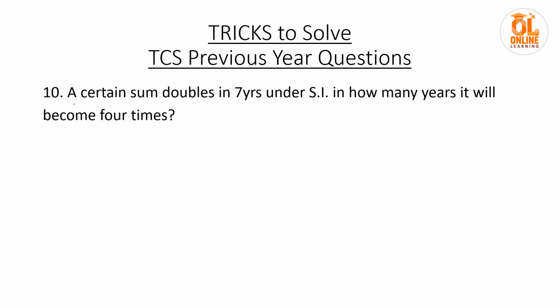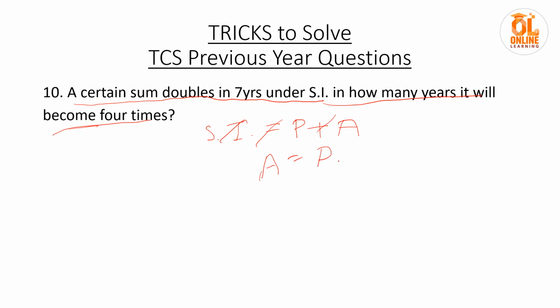It is given a certain sum doubles in 7 years under SI. In how many years will it become 4 times? So we know amount is equal to principal plus SI.